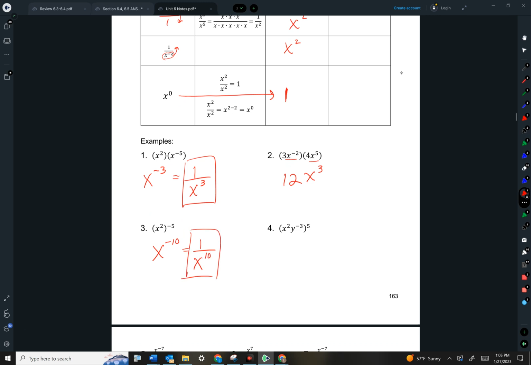Number 4, now that 5 applies to everything. So x to the 10th, y to the negative 15th, but we don't leave negative exponents. So the x has a positive exponent, so it can stay, but the y has to go to the bottom, so it can become a positive 15 exponent.